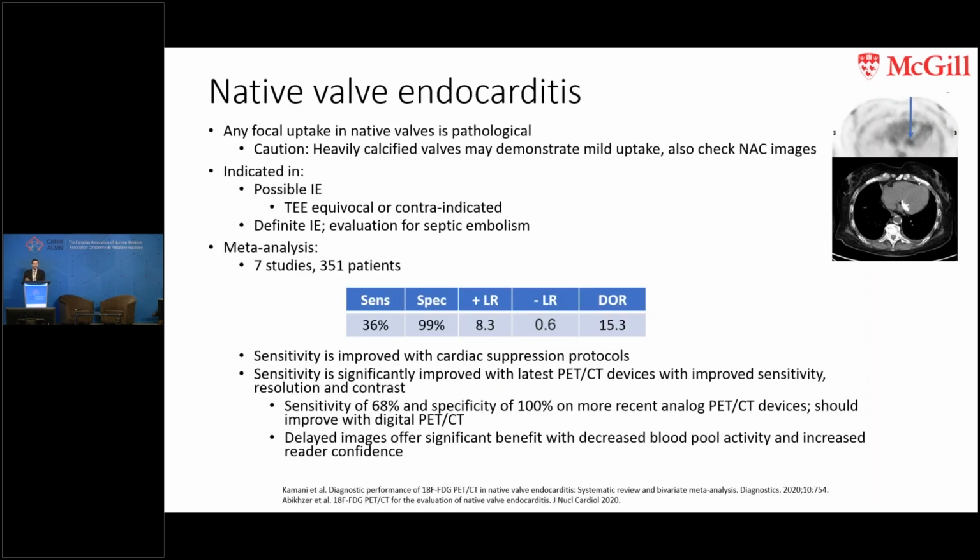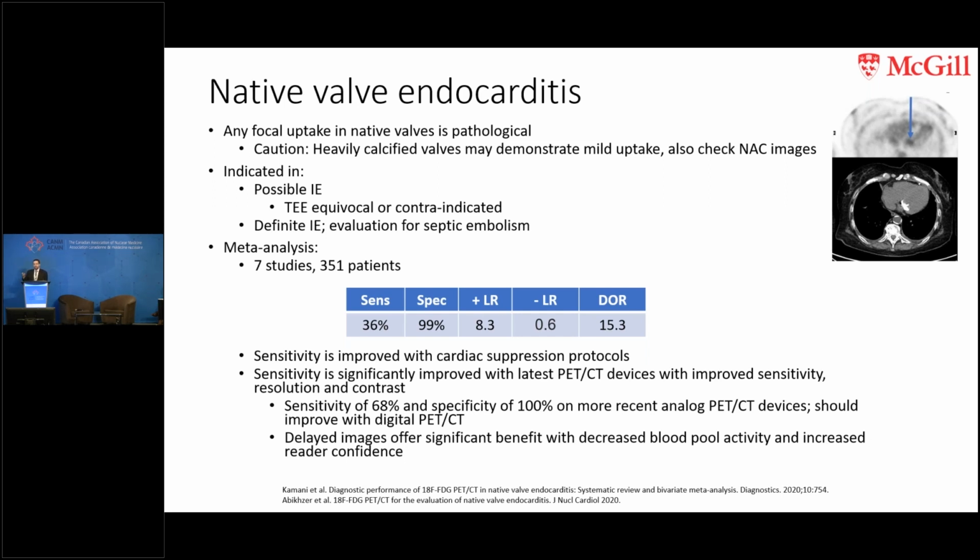So moving on to native valve endocarditis. Classically, and this is what I used to present, anytime you have focal uptake in a native valve with well-suppressed myocardium, that's always pathological. With our new digital PET scanner, we noticed recently that when you have severe native valve calcifications, there's always a bit of inflammation. And I think the Cedars-Sinai group in Los Angeles has been publishing about that: active calcifications in valves are associated with some mild FDG uptake.